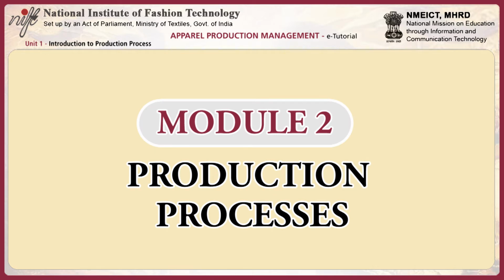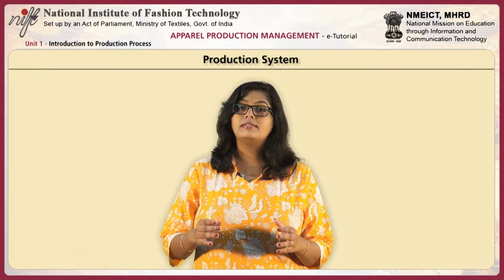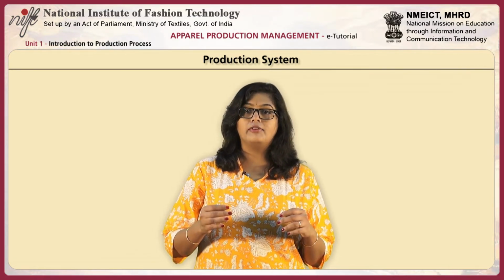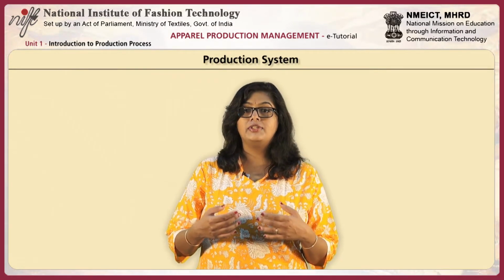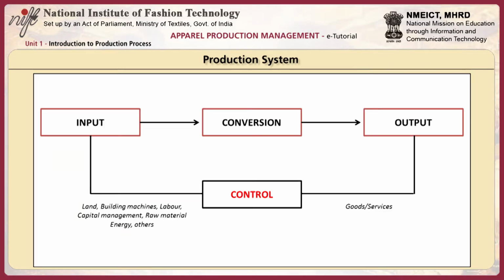We will now look into the module which discusses the basic production processes. Production system is a system whose function is set to convert a set of inputs into a set of desired outputs. Production system is depicted under with the help of the chart.